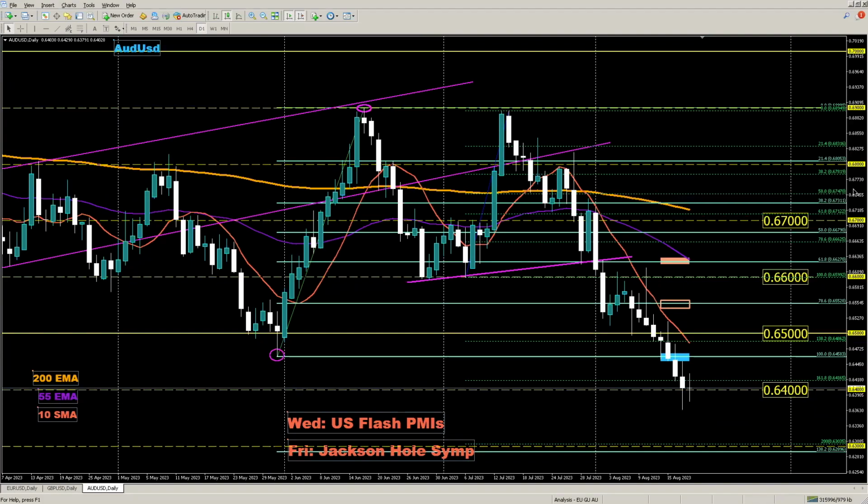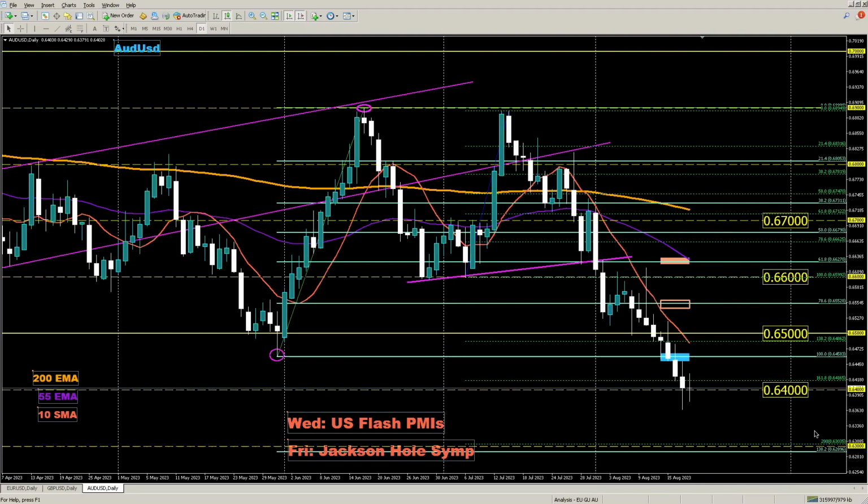And if this continues to weaken, this extension could target the 200 pip extension here at 63, just above 63.